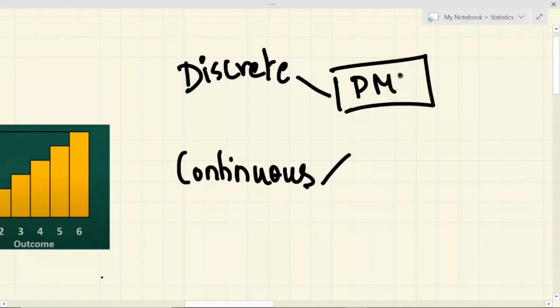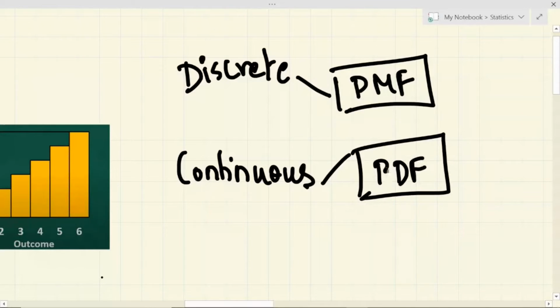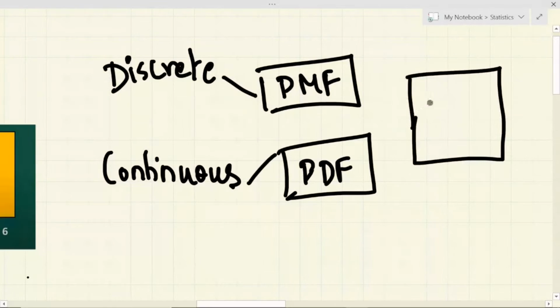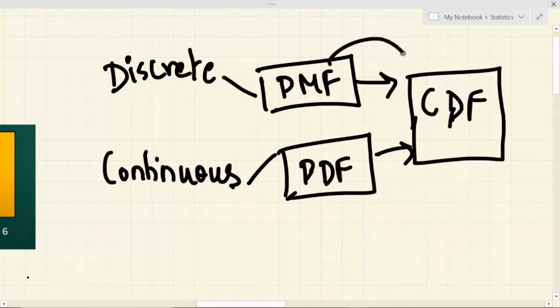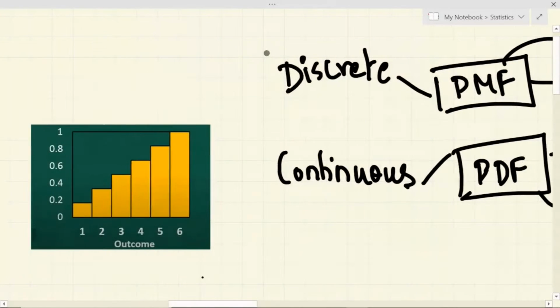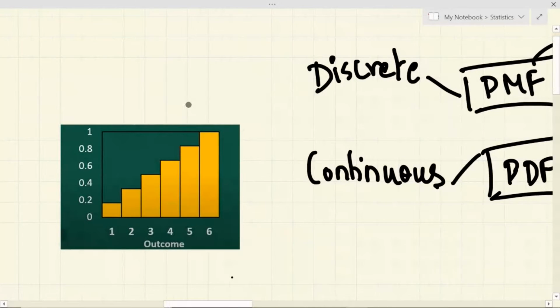As I said, discrete has the probability mass function and the continuous variable has the probability density function, and both of them actually have a common type of distribution function, the cumulative distribution function, which is very important. Both of them have a cumulative distribution function with separate properties. So let us go back to the cumulative distribution function for discrete random variables.